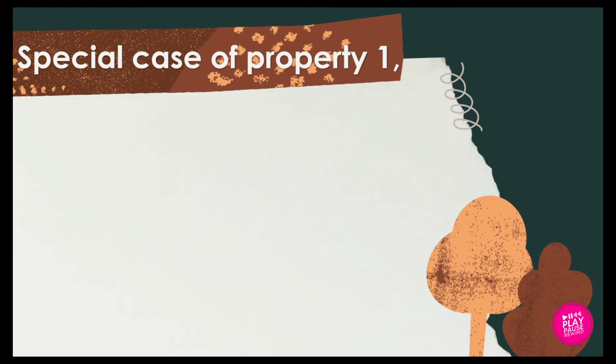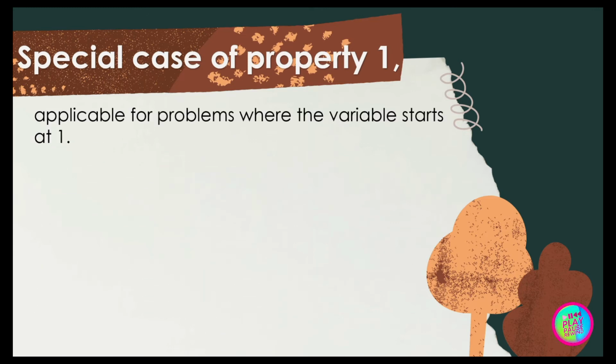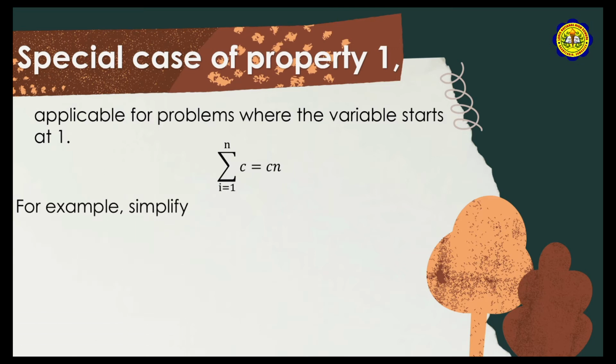There is a special case for property 1. This is applicable for problems where the variable starts at 1. The summation of c from i = 1 to n is equal to c times n. For example, simplify the summation of 2 from i = 1 to 4, which is equal to 2 + 2 + 2 + 2 = 8.